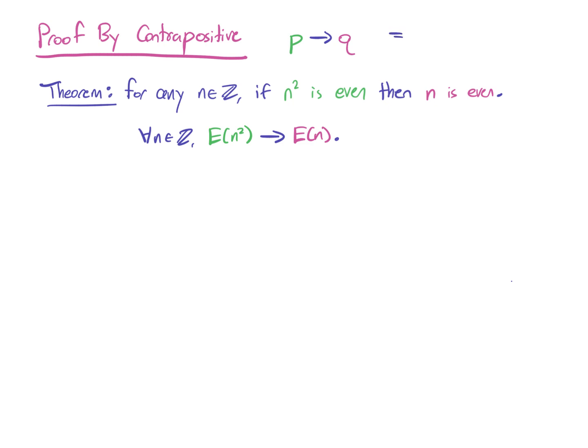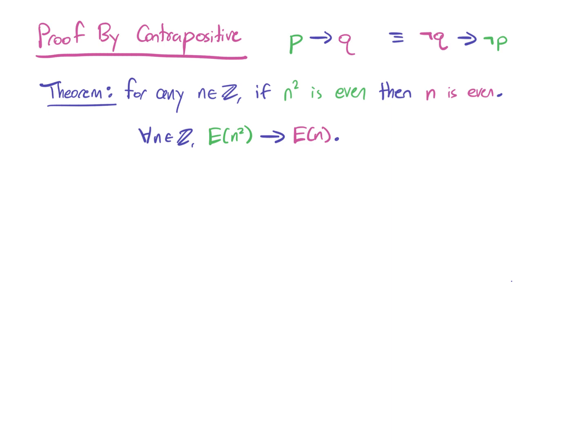That's logically equivalent to the statement not Q implies not P. So this is the idea of proof by contrapositive. Instead of proving that P implies Q, I'm going to prove that not Q implies not P.